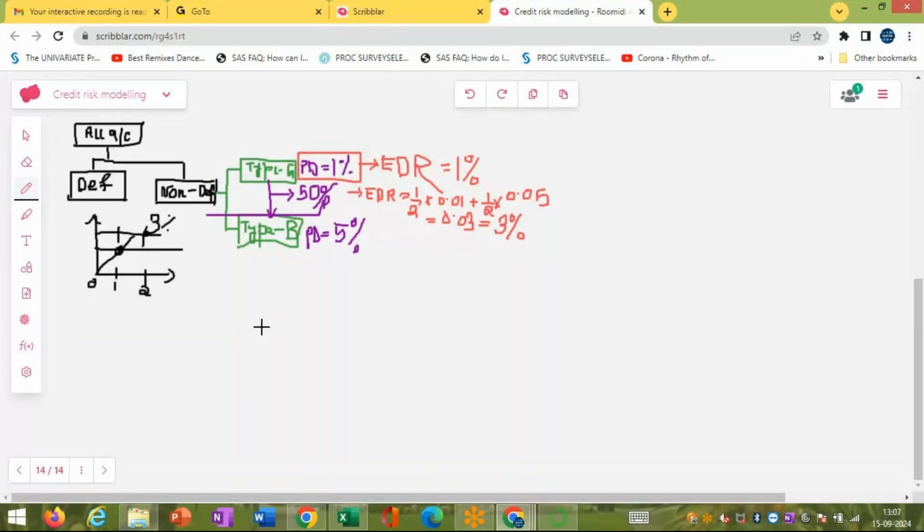I can clearly see that at one there was a certain PD and at three the PD has increased. So there is an upward trend to the PD estimate, and your validation curve has already started increasing.